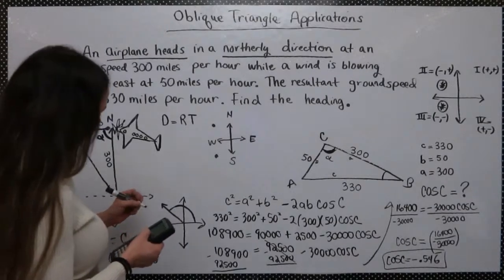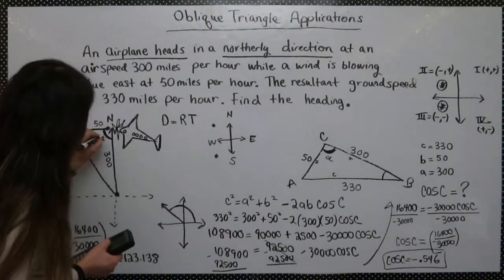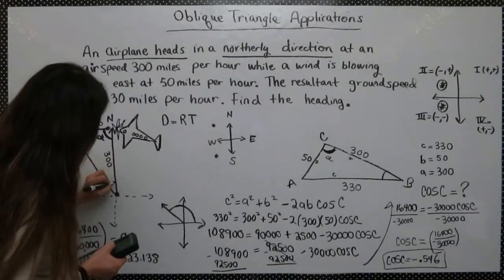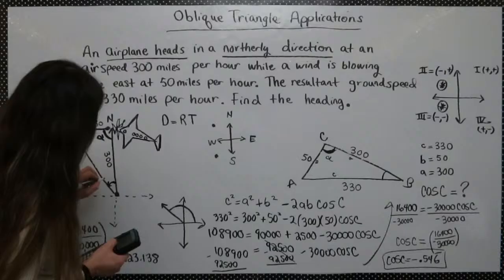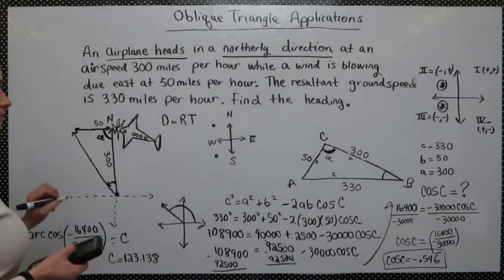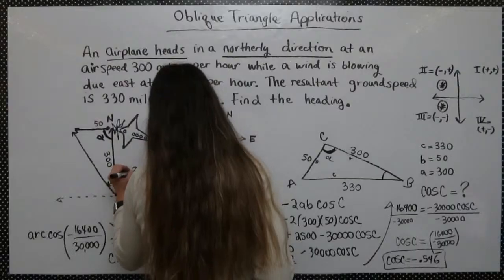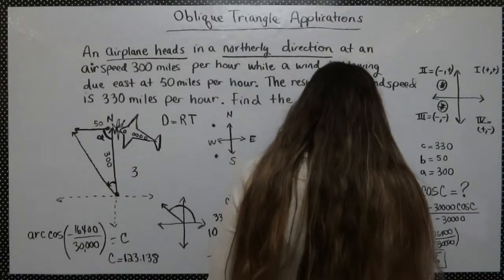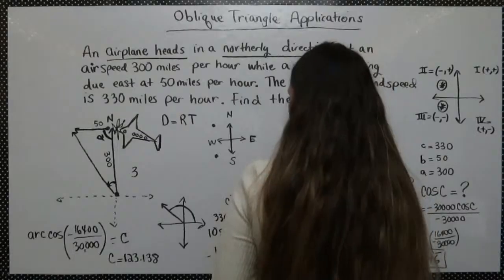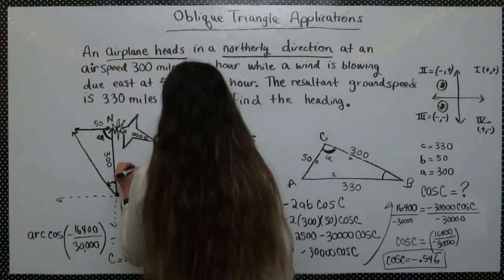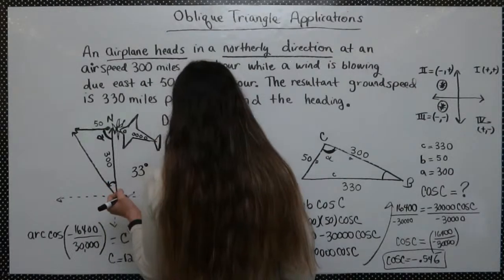And so what it is, you end up with this bearing right here of 33 degrees. Let me see if it'll DNS it. Okay, it did. So we've got 33 degrees. This is this heading.